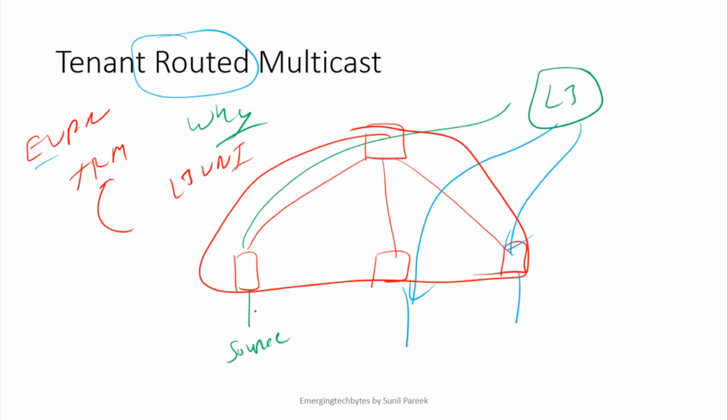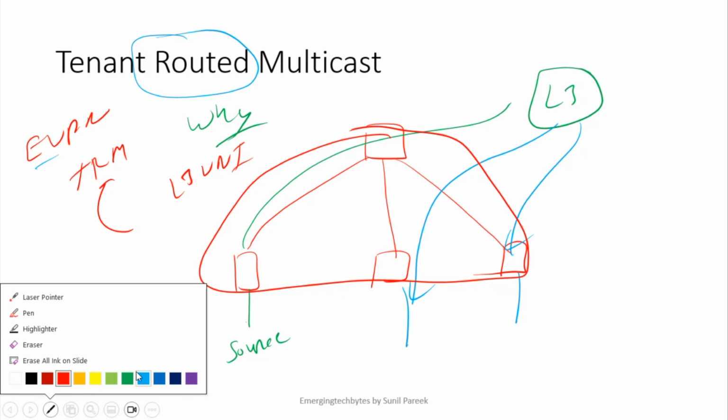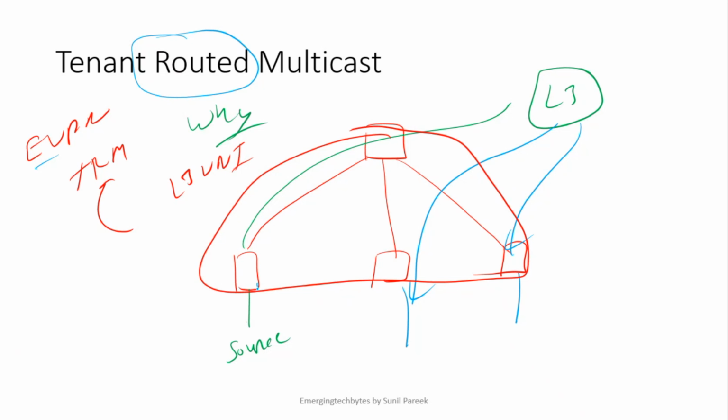Let's say here I have green, here I have blue. But if I am using asymmetrical routing, I need to have blue here also, and green on these two nodes, even though I don't have any host. That was kind of an inefficiency. Of course, asymmetrical routing has certain gains. Let's not go there.